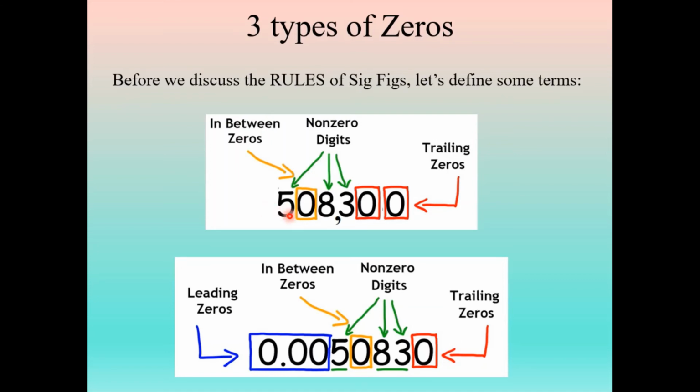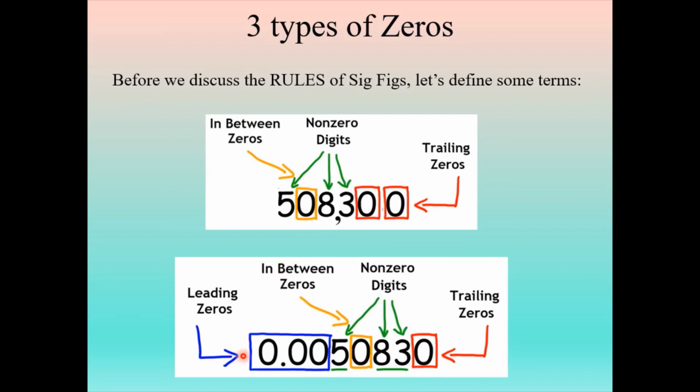First of all, the 5, the 8, and the 3 are obviously non-zero digits, and those will be important, as we'll see when we get to the rules. But what we're talking about now are these zeros. This 0 here is called an in-between 0. Notice this 0 is in between a 5 and an 8. It's in between 2 non-zero digits. At the end here are what are called trailing zeros.